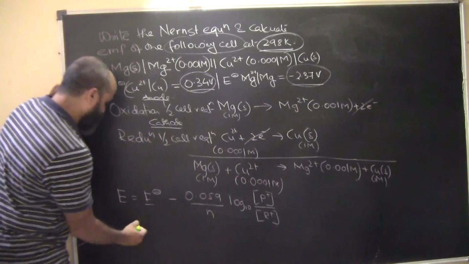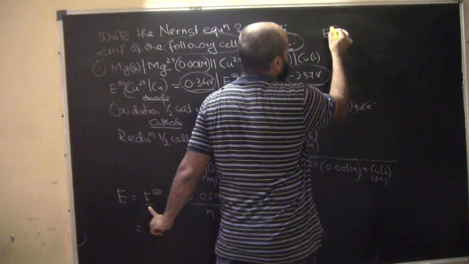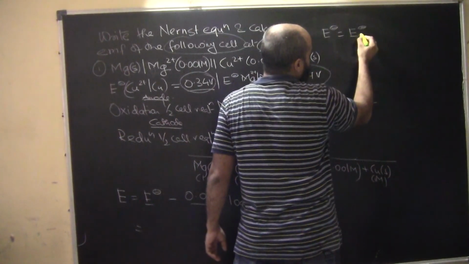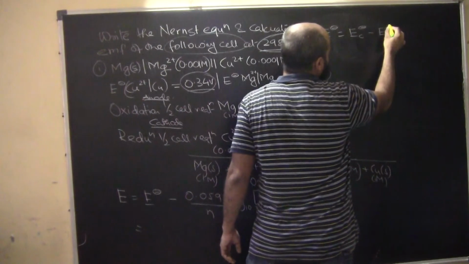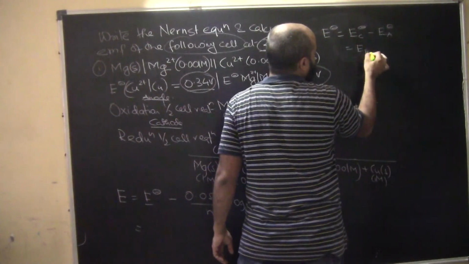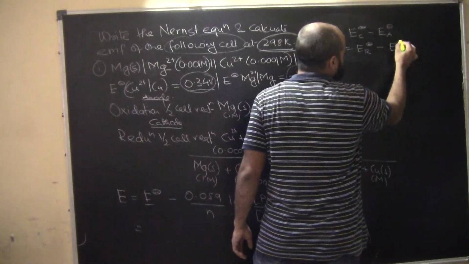For this one, we know that for any standard cell, it is always equal to the standard reduction potential of the cathode minus the standard reduction potential of the anode, or we can also say the standard reduction potential of the right side electrode minus that of the left side.